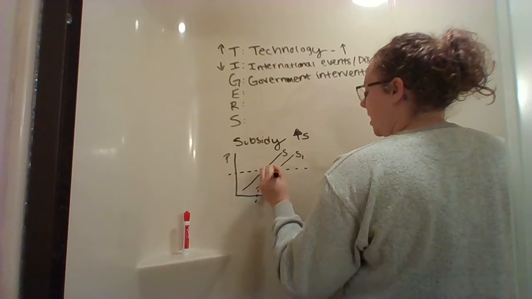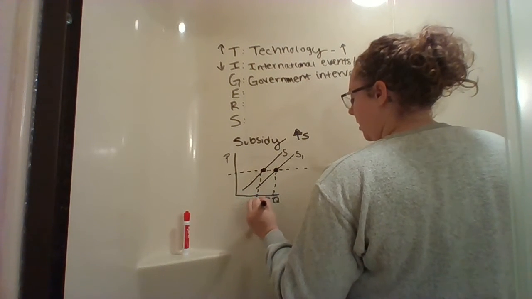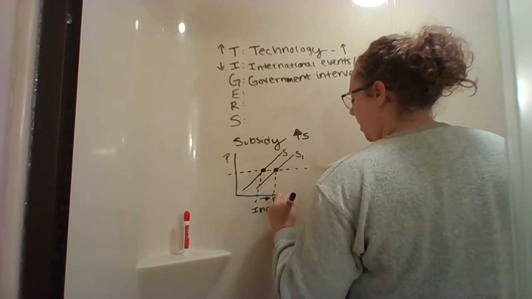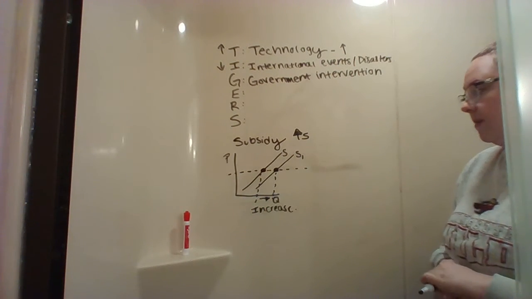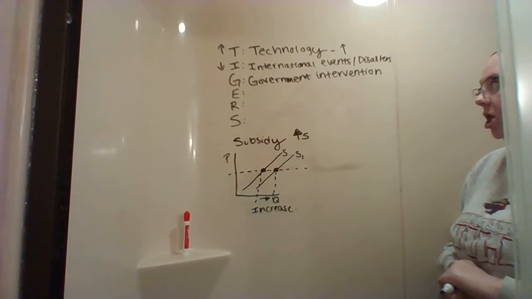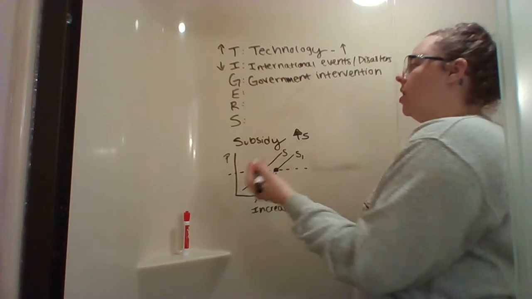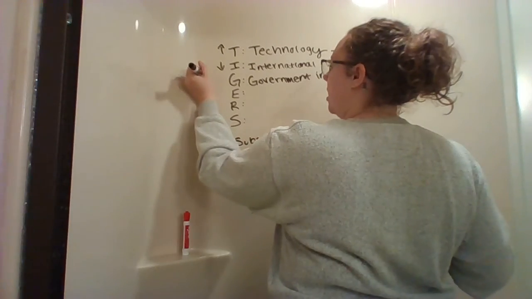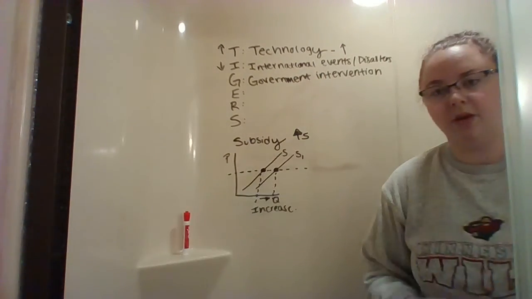This shows an increase in quantity. Increase. So if you want to write that down, I highly recommend writing that down as well, because that is extremely helpful. So this is all for the G. I don't know how you want to note that on your notes. You can figure it out.